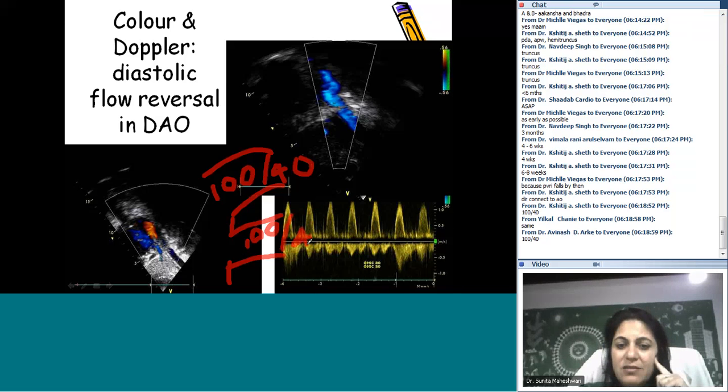Now when I have a large VSD, LV pressure is 100, right? Aortic pressure is say 100 by 60. What is my PA pressure in a large VSD with an aortic pressure of 100 by 60?